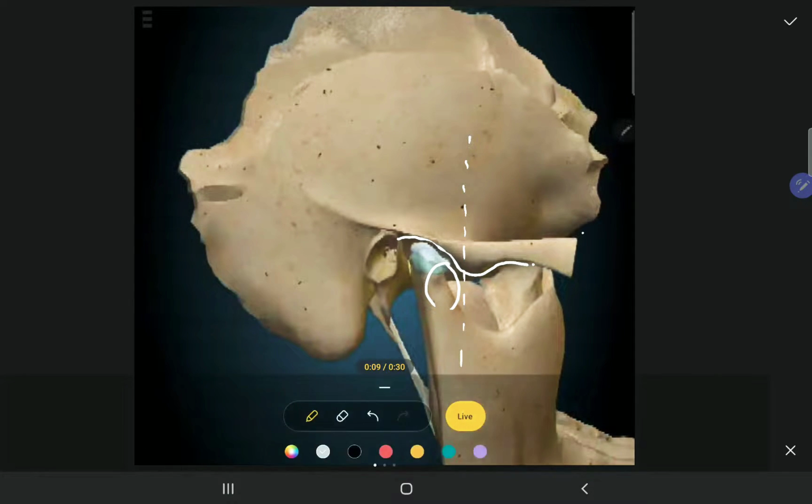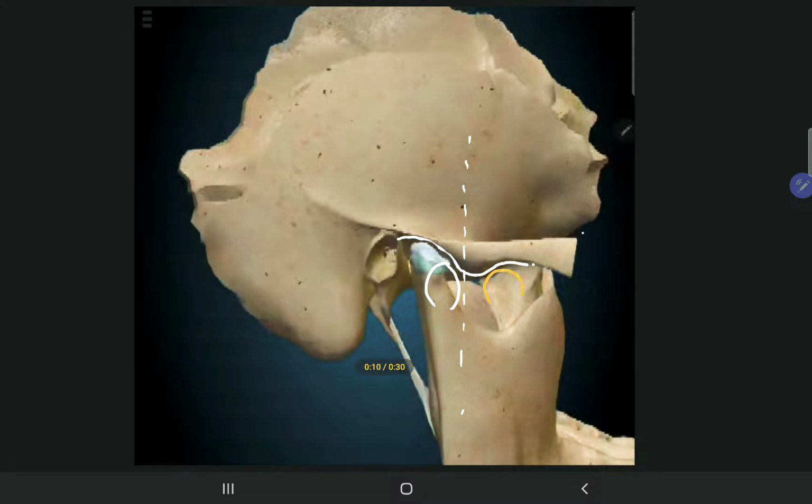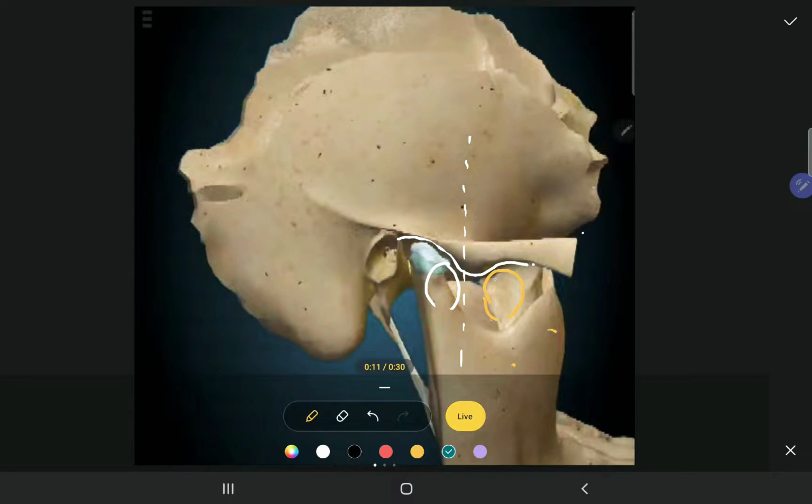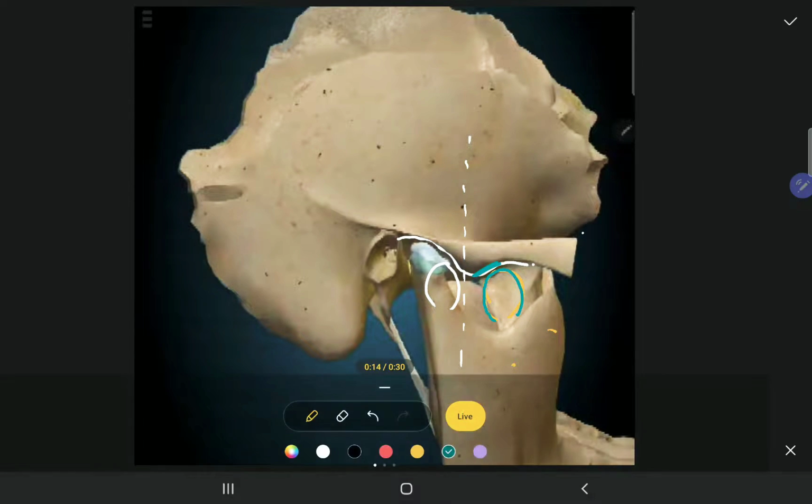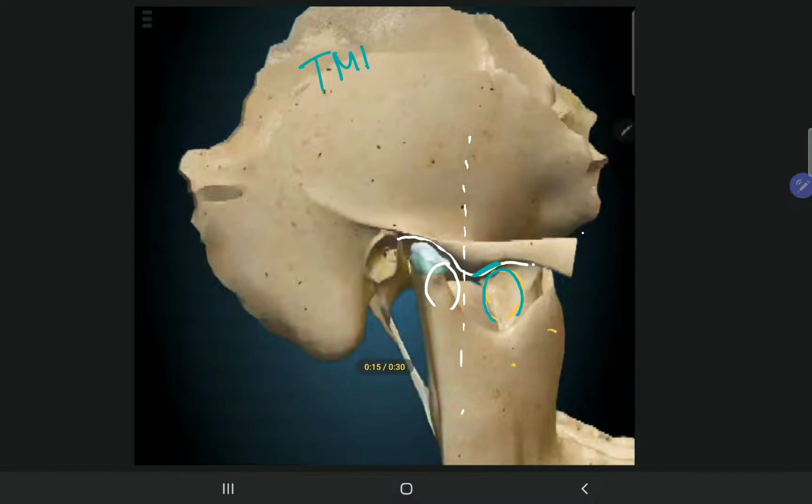This is the articular eminence. But what happens when this condyle goes beyond the articular eminence and gets locked at the anterior slope of the articular eminence? Say the situation like this, when the condyle gets locked here, if it is not visible, let us draw it in another color. So when it gets locked at the anterior slope of this articular eminence, this situation is what we call the TMJ dislocation.